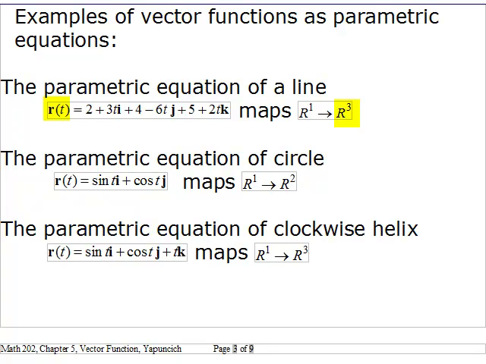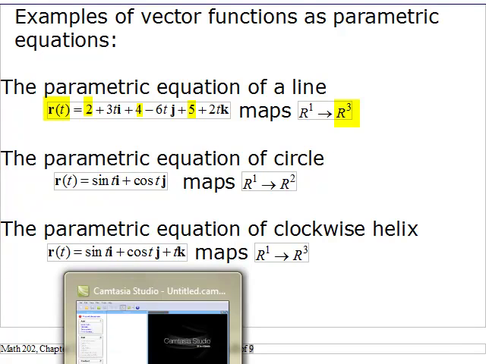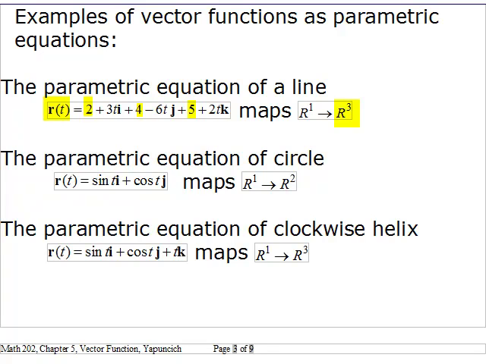Remember, it started at some point P0, and that would be 2, 4, 5, so that would be the coordinates of the point P0 in R3, and then the other terms, which have the t associated with them, are the vector that goes between P0 and P1. In this case, the 3, the -6, and the 2. So this is the parametric equation of a line that goes between 2 points in R3.